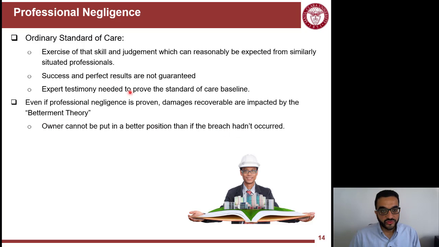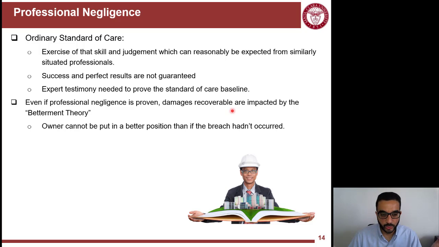So what proves the standard of care? The judge will call on an expert to come and say, did this person show a standard of care in doing their engineering services? Another thing is you cannot claim professional negligence against an engineer or professional and ask for recovery of damages that are beyond what was expected of your service.